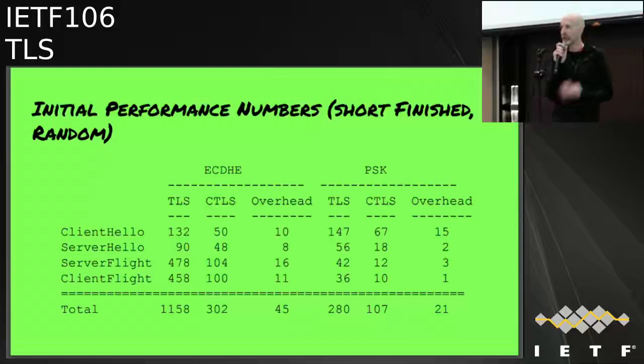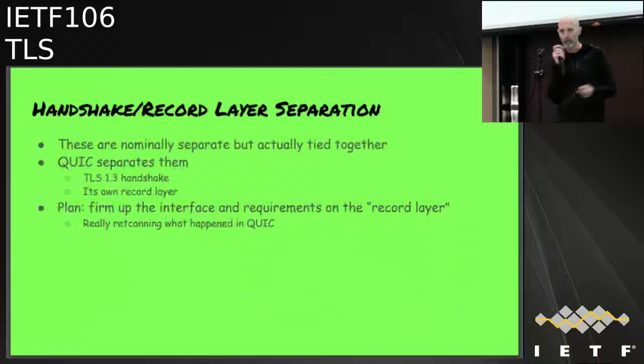But it actually worked out pretty well, and I think it's a good way to define these minimal profiles, both for compaction and also for implementation wanting to be simple, at the cost of the simple implementations having a bunch of fixed strings floating around the system. So the final thing is this handshake record layer separation. I'd say this doesn't really appear in the draft very much. There's some hand waving about it.